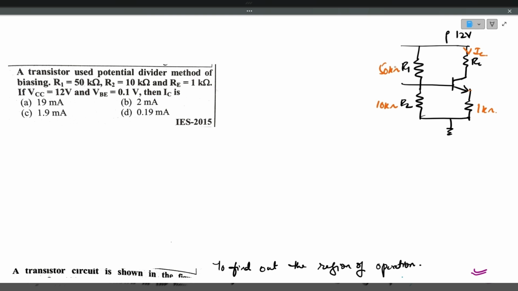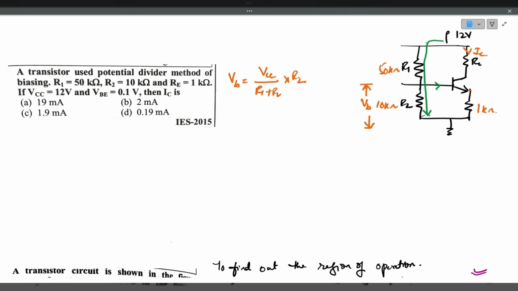First, we need to find out the voltage here, VB. What is VB? VB is nothing but VCC divided by R1 plus R2, multiplied by R2, because the current flows in this direction. We will neglect the base current, because base current will be in nanoamperes or microamperes, very, very less.